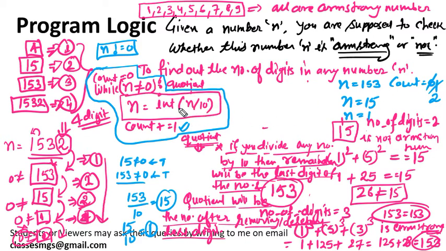Now this n is not equals to 0, so 1 is not equals to 0. Again the condition is true, the loop will execute again, and we divide by 10. This time 1 divided by 10 gives quotient 0, and count will increment once more because count is inside this loop.